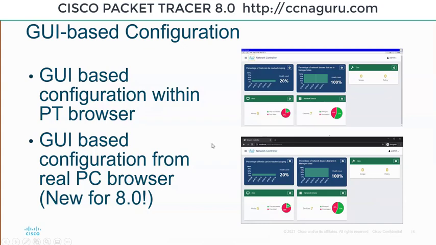So yes, the GUI-based configuration and access to this network controller is now supported both from the simulated PC browser and also from outside of Packet Tracer, from the real world into the simulated world of Packet Tracer and into this network device. And by the way, this feature is completely new to Packet Tracer 8. It was not available even in the special Packet Tracer build in the DevNet Associate VM.